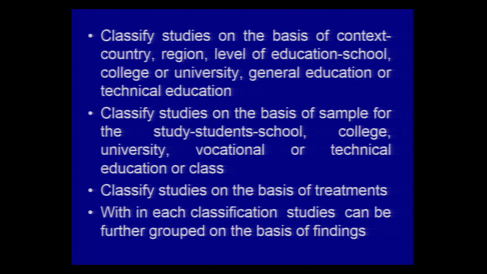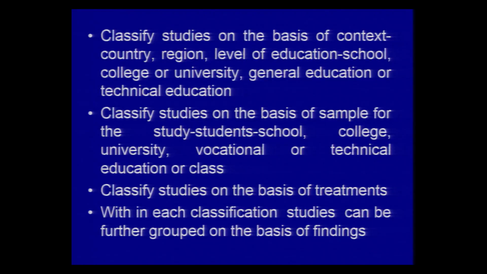Or you can classify studies on the basis of the sample for the studies. So the students, whether they are from the school level, college level, university level, or whether all the studies have been conducted at class 9, or whether first year students from a diploma level institution have been taken, or the studies have been carried out on the final year students of the diploma level institution.